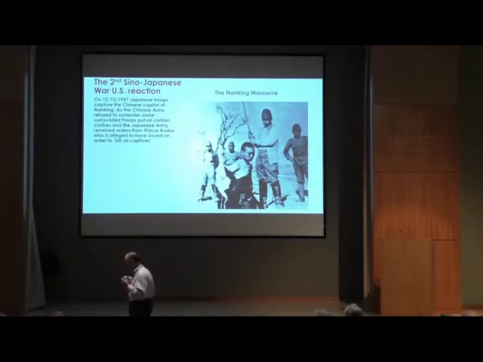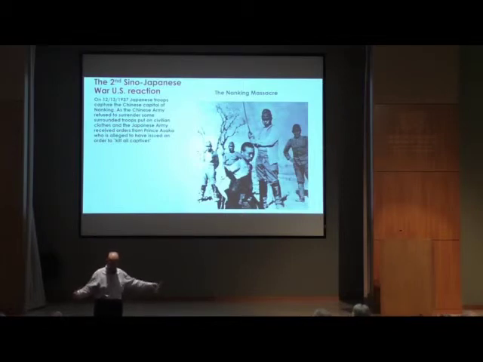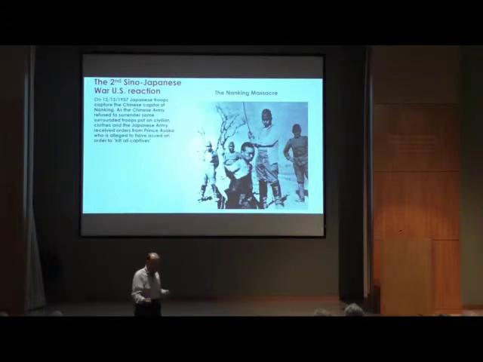Another huge issue with the United States at this time is the rape of Nanking. What had happened is Nanking was the Chinese capital. It's surrounded by the Japanese, and many of the Japanese are trying to get control of this city, but the Chinese soldiers are taking off their uniforms and trying to blend into the population.